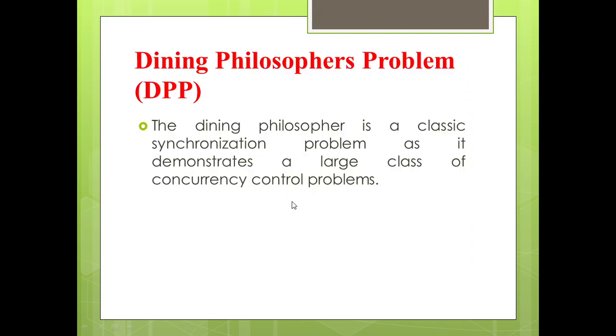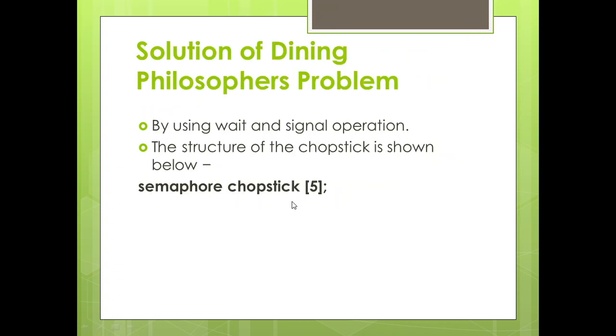The Dining Philosopher problem is a classical synchronization problem as it demonstrates a large class of concurrency control problems. The solution is to use a semaphore to represent a chopstick.